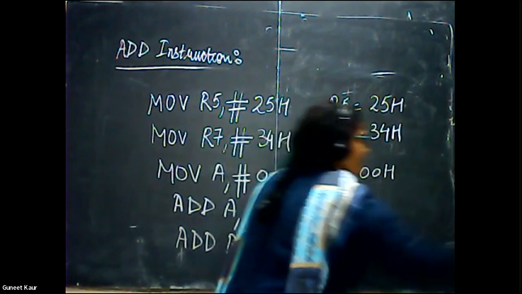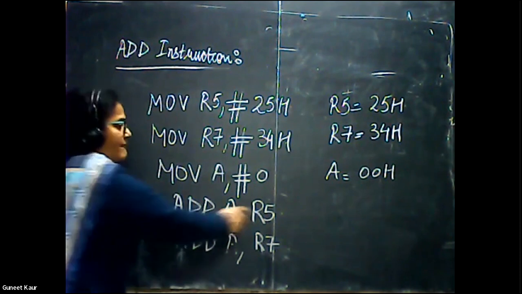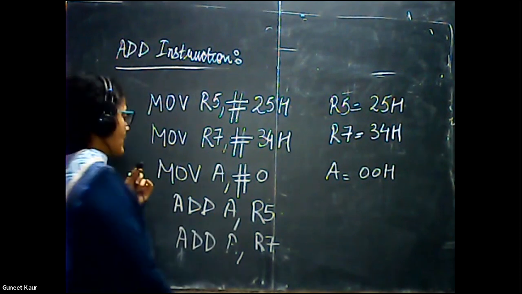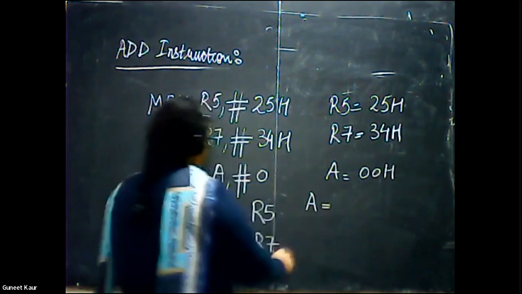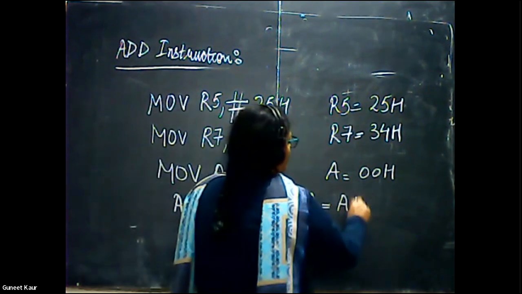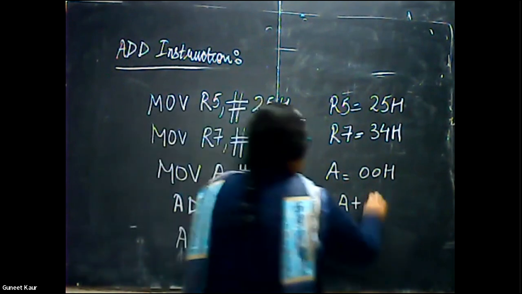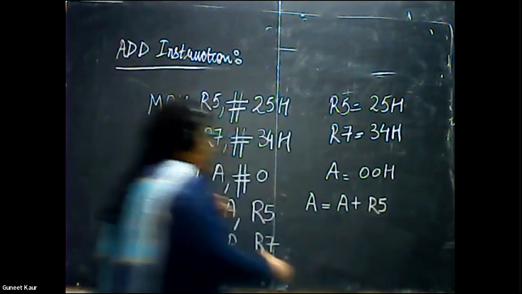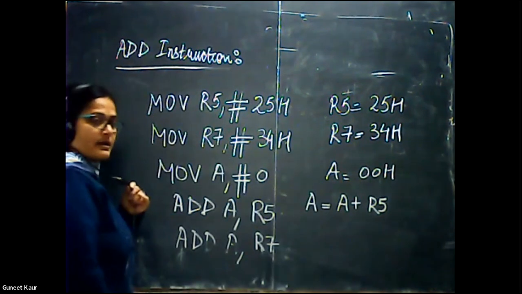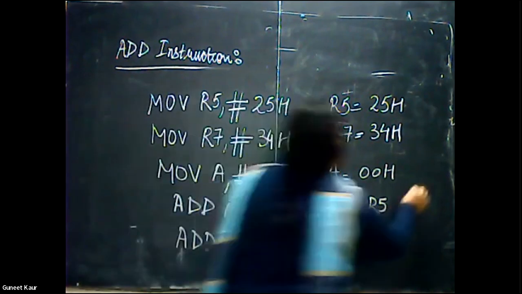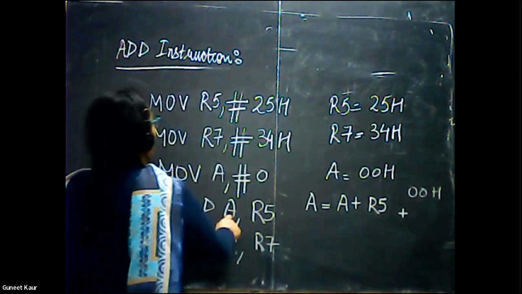The next command is ADD A, R5. In this process, the final accumulator content will be A equals A plus R5. The value of A here is 00H, plus the R5 content.